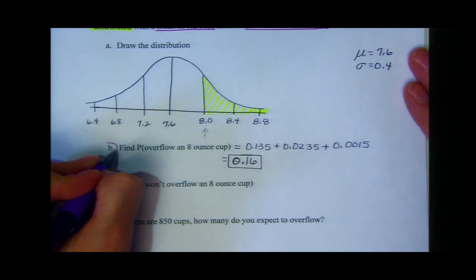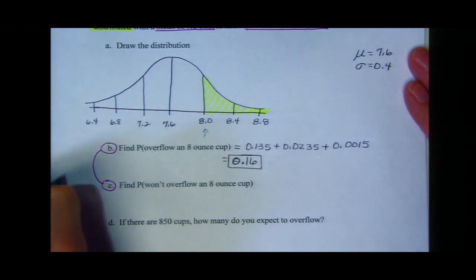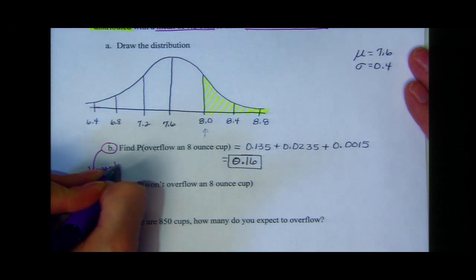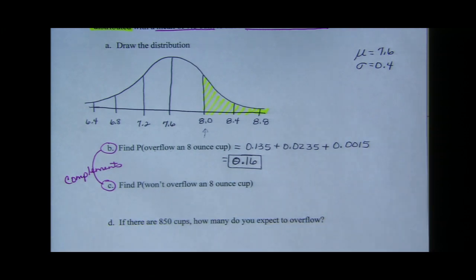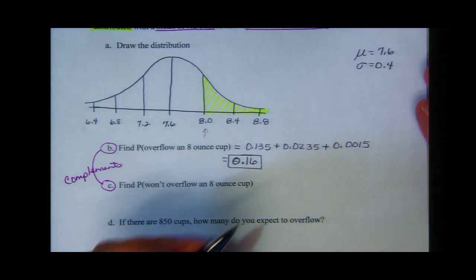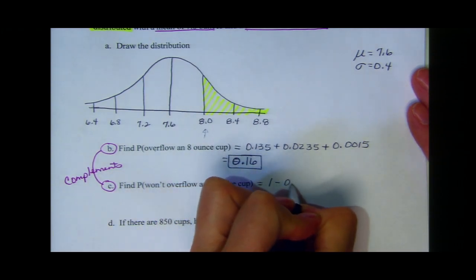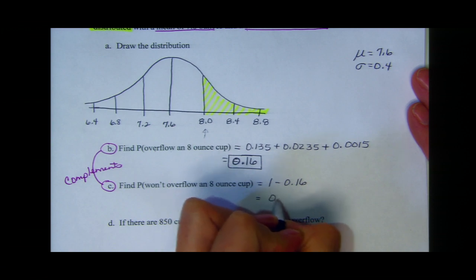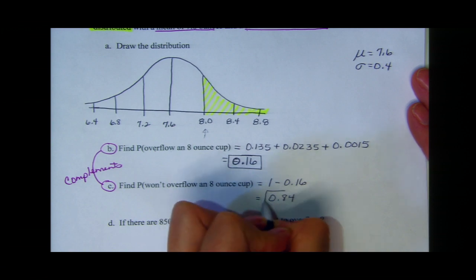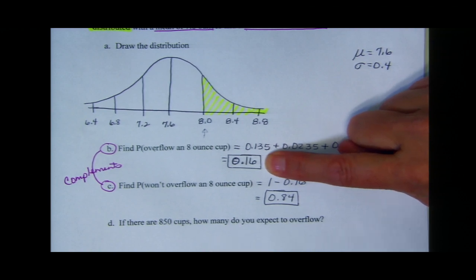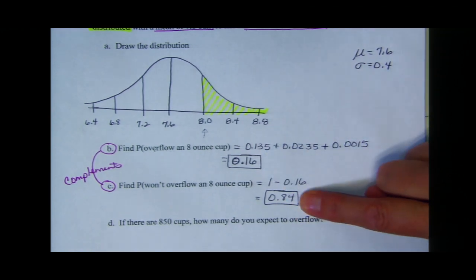These two would be complements. Getting ready to sneeze, so excuse me. And we know complements have to add up to 1, so I could just do 1 minus 0.16, or 0.84. Overflows, makes a mess, doesn't overflow.